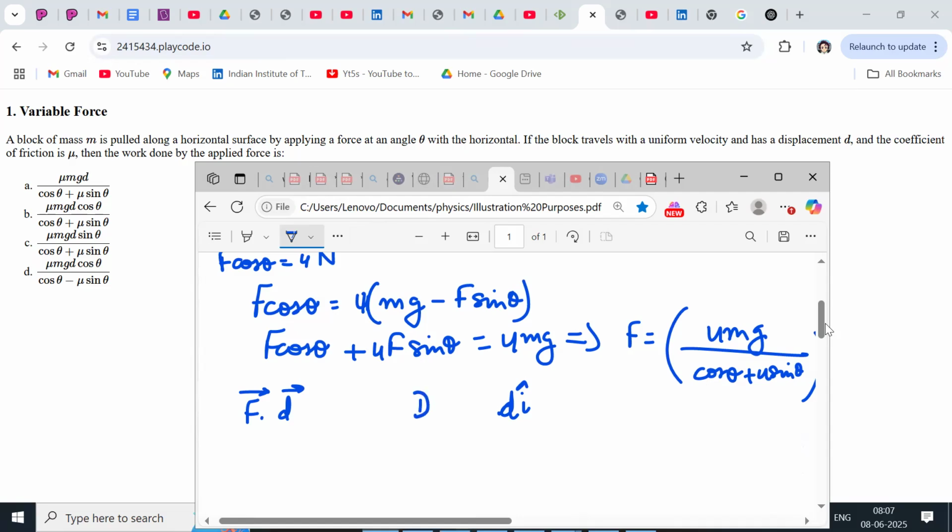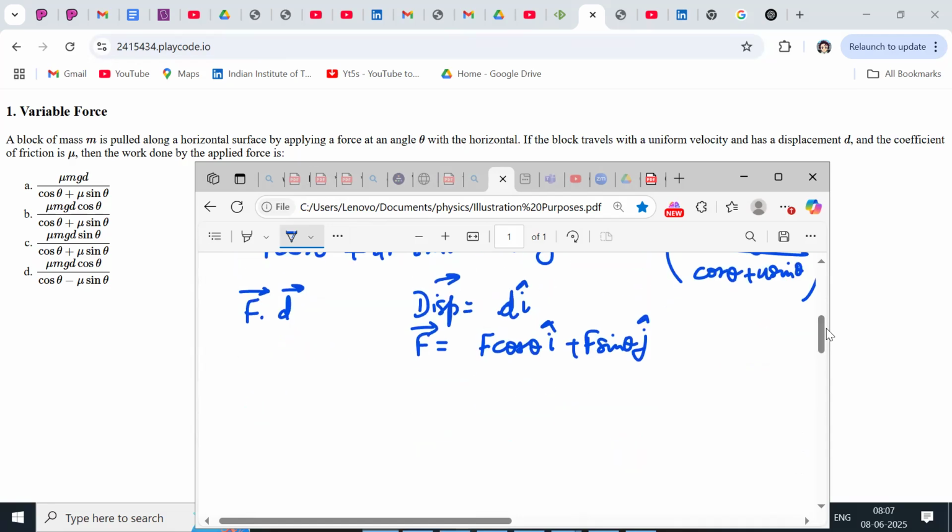And the force F vector can be written as F cosine theta i cap plus F sine theta j cap. Now I'm going to take a dot product of these two, F cosine theta i cap plus F sine theta j cap, with the d i cap vector.